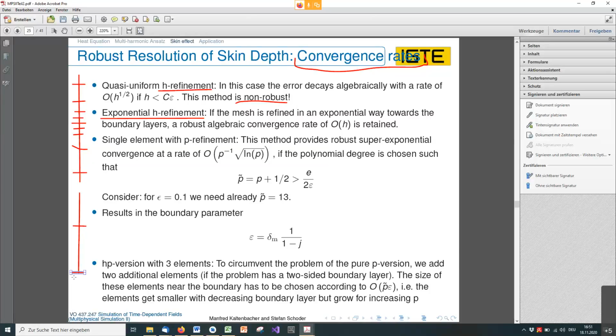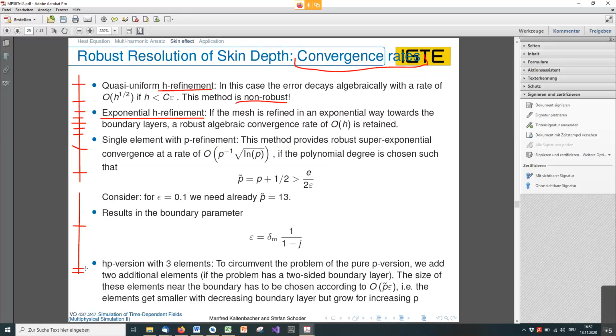On this part where I'm now clicking, I think you see it, on this side there are the eddy currents, and it means that we have refinement according to the function of the solution.